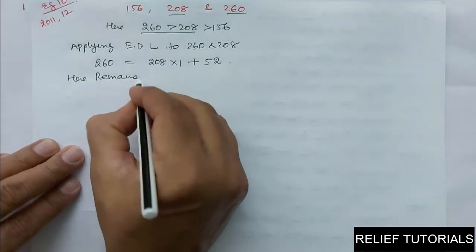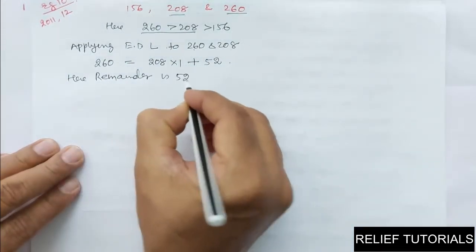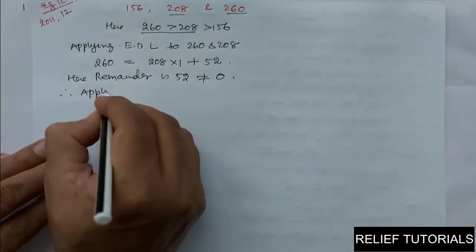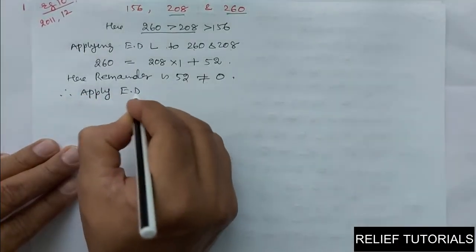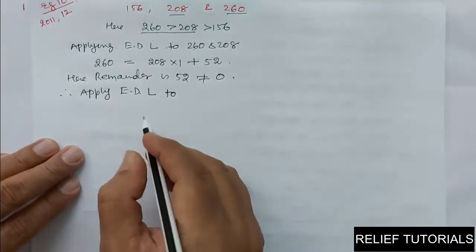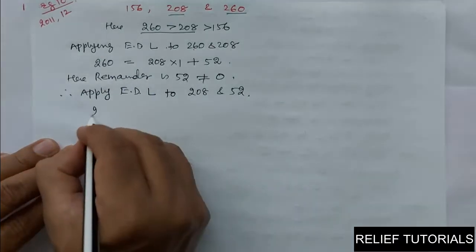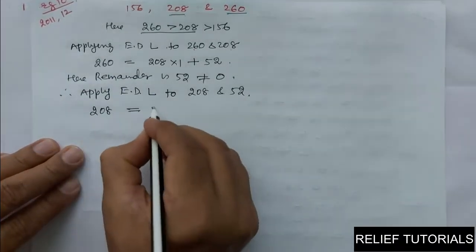Here remainder is 52, which is not equal to 0. Therefore, you apply Euclid division lemma to divisor 208 and 52. So now 208 is equals to 52.